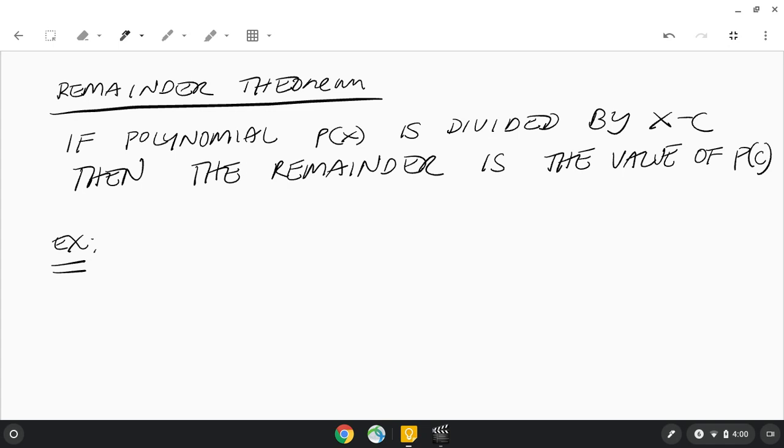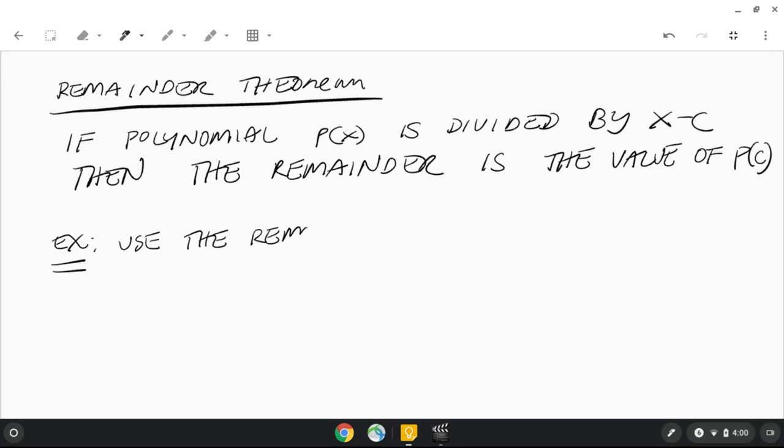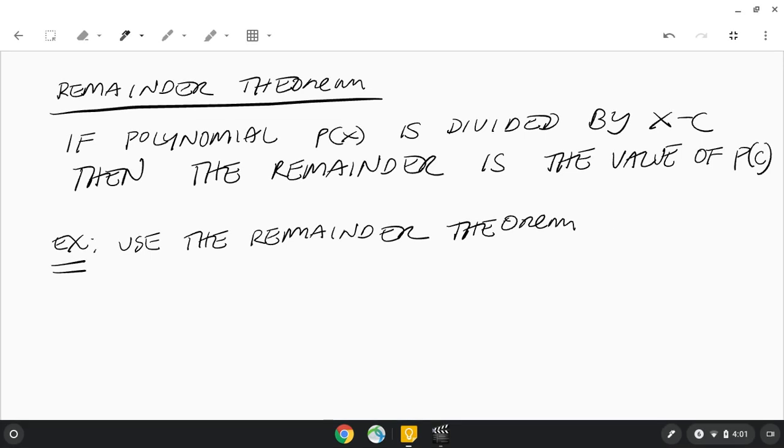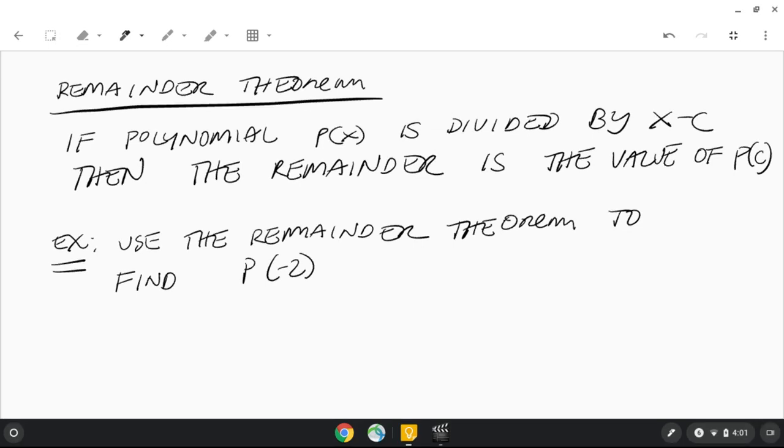Okay, so let's take a look. Use the Remainder Theorem to find p of -2 for this function.